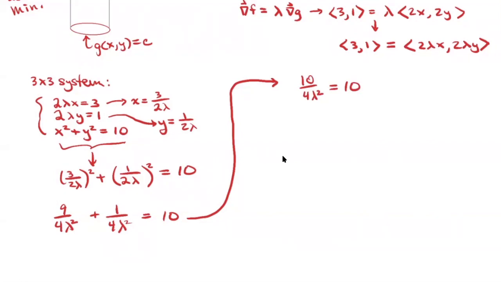Maybe I'll reduce that. 5 over 2 lambda squared equals 10. Obviously, lambda can't be 0. So we'll stipulate that. And now I'm going to multiply both sides by 2 lambda squared. So we'd have 5 equals 20 lambda squared. So lambda squared is a fourth. And lambda is plus or minus a half.